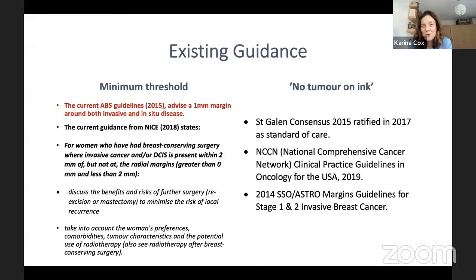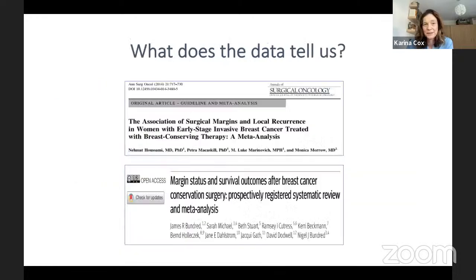And then we've got the No Tumour on Ink Brigade. In the UK, we haven't quite gone there yet, but certainly other parts of the world are now working on the guidance that as long as there's no tumour on ink, then it's fine not to re-excise. So the UK is slightly out of step at the moment with probably the rest of the world.